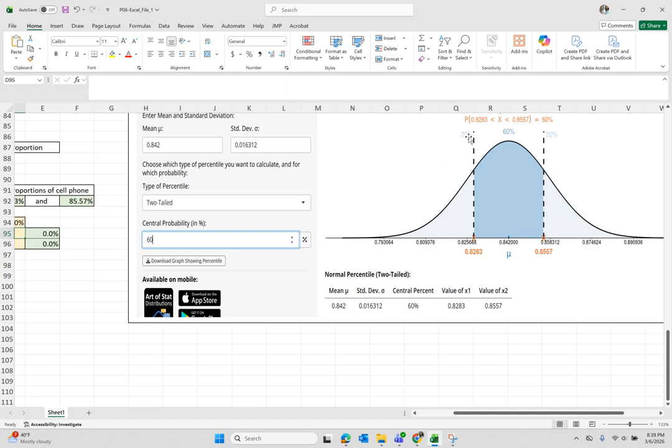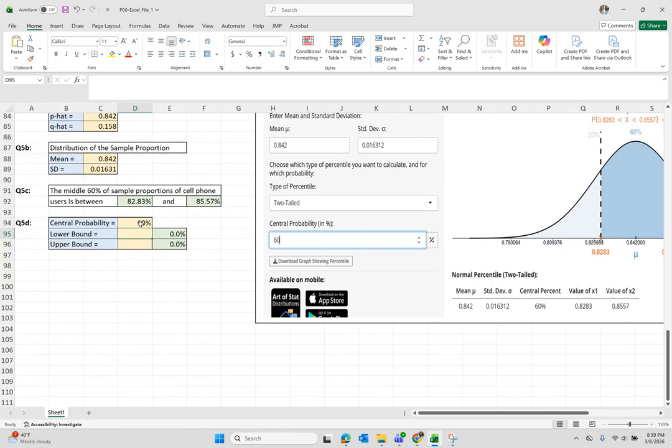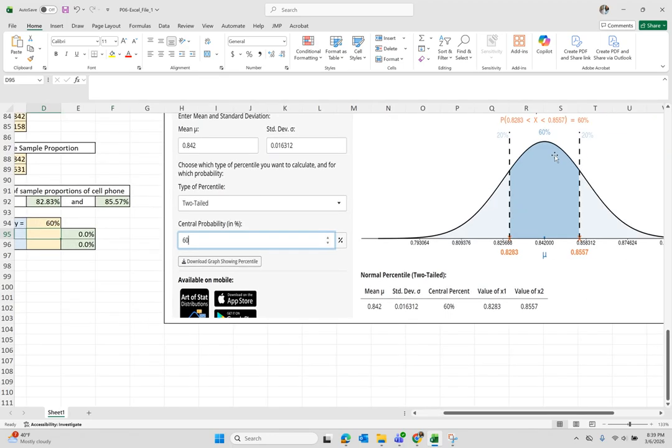And half of that probability is 20%. If someone here had an 80% central probability, then I would have a 10% on the left and a 10% on the right. If someone here had a 70% central probability, I would have a 15% and a 15%.